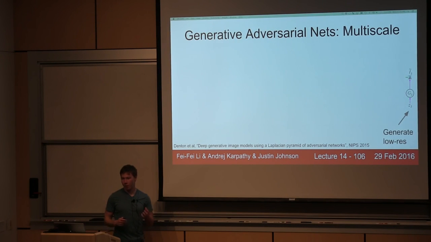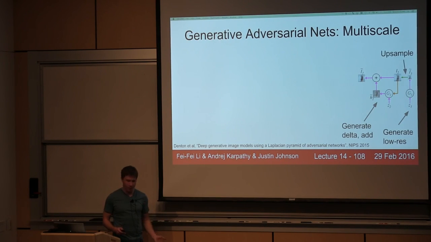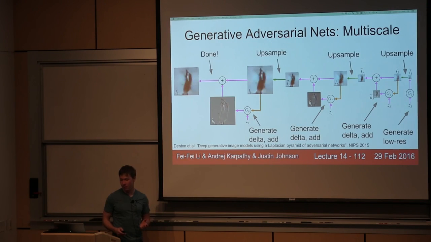First, we have a generator that receives noise and generates a low resolution output. Then we'll upsample that low res image and apply a second generator that receives a new batch of random noise and computes some delta on top of the low res image. Then we'll upsample that again and repeat the process several times until we've finally generated our final result.